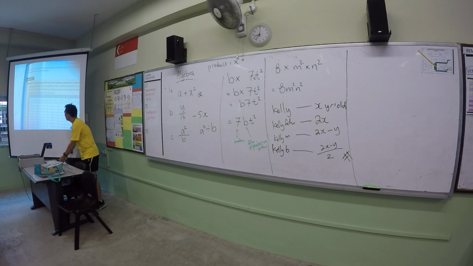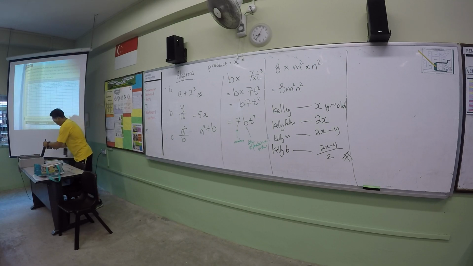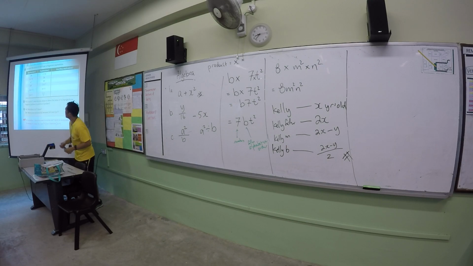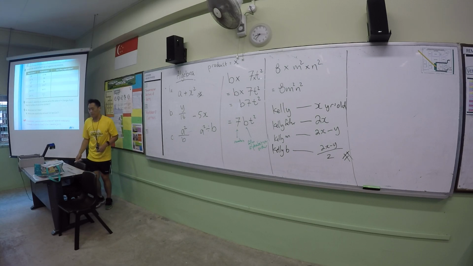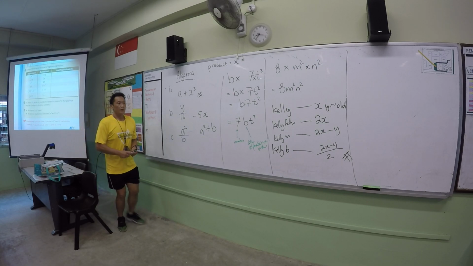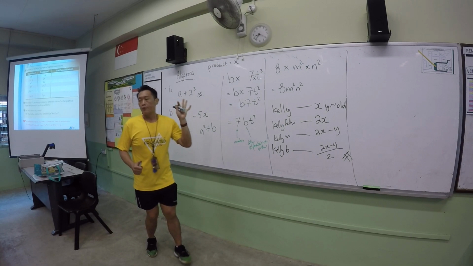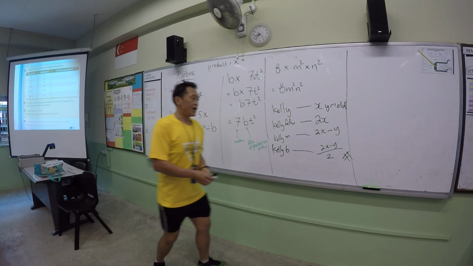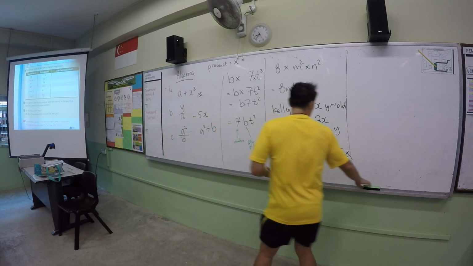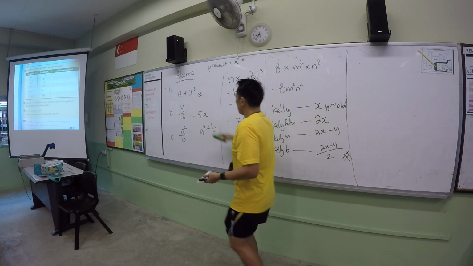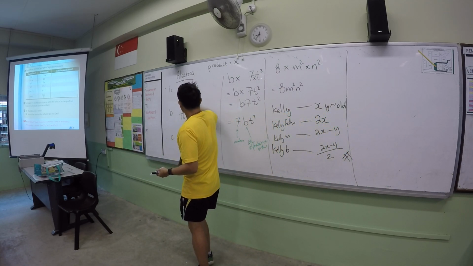Okay. Before we go into the other topic, let us just think through some of these questions. Now that you have known what algebra means, the alphabets are just a number.